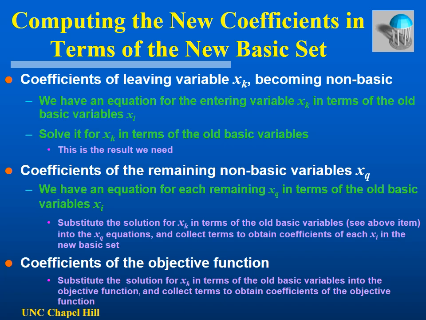The coefficients of the objective function work essentially the same way. We have the solution for x sub k, we put it into the c sub k x sub k to get c sub k times the solution, and when we collect terms we obtain the coefficients of the new objective function in terms of the new basic set.